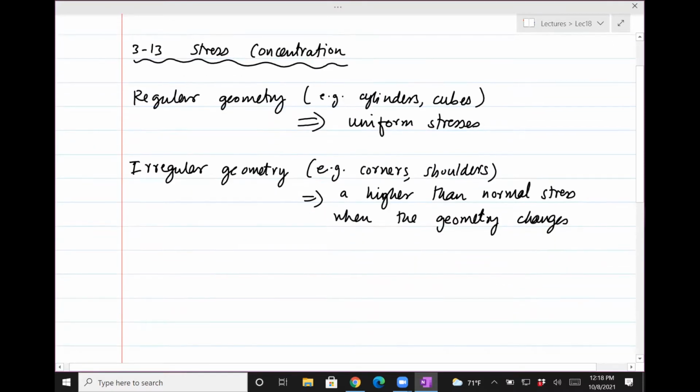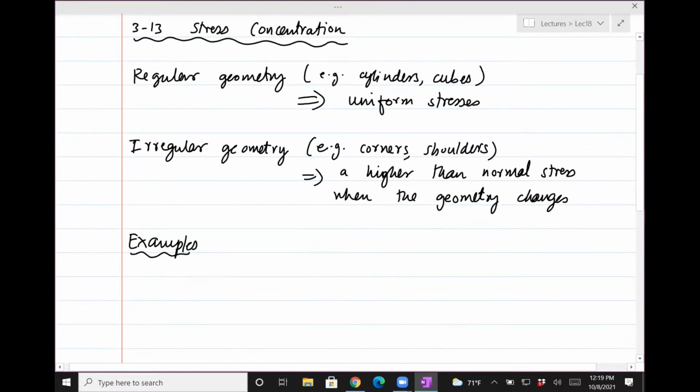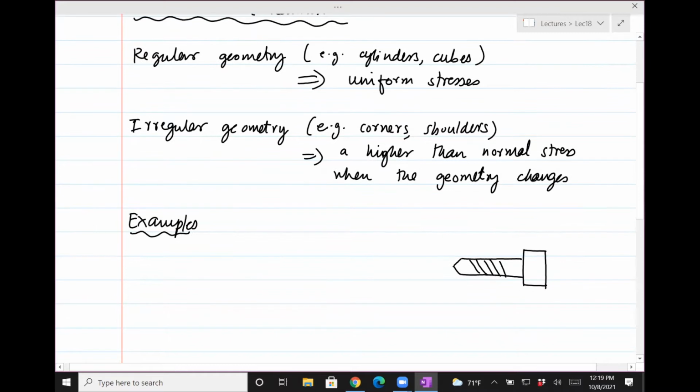Okay, so what are some examples? If you have a bolt or a screw, and then you have these threads, those threads cause concentration of stress.